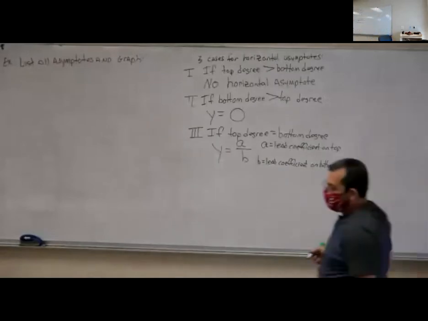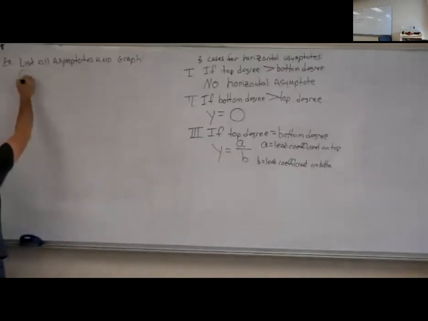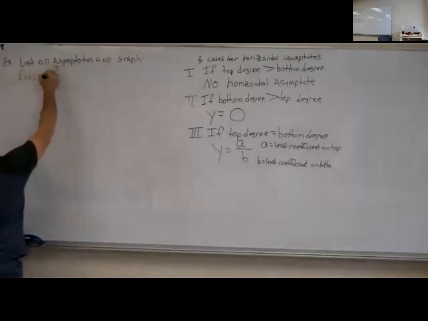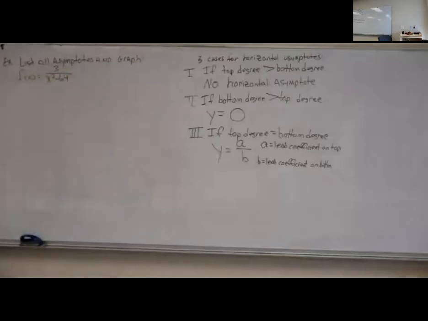All right, I guess the function is f of x equals 3 divided by x squared minus 64. So I will find the vertical asymptotes and the horizontal asymptotes. Now, if I want to graph it, I'll probably find my y-intercept. Okay? Because then that'll sort of tell me what's happening. Well, I'll show you when I get there.